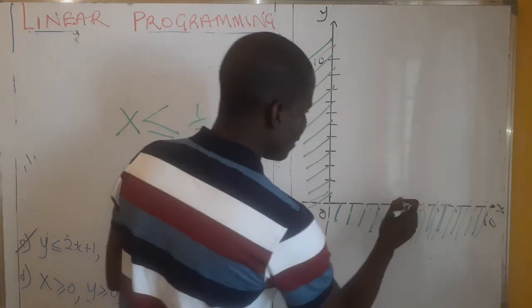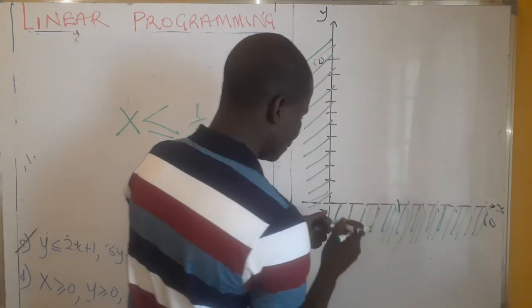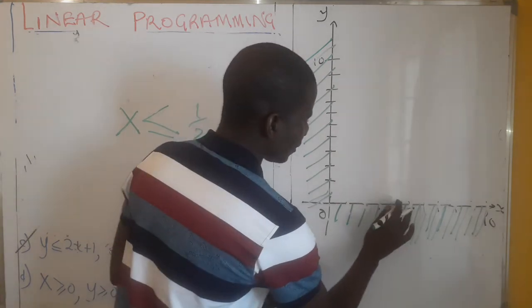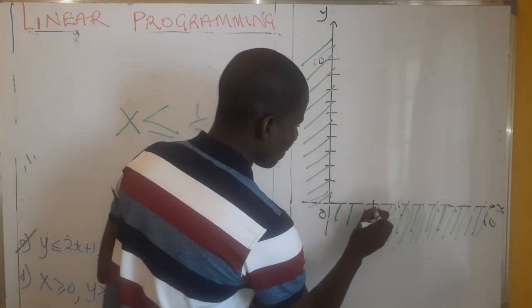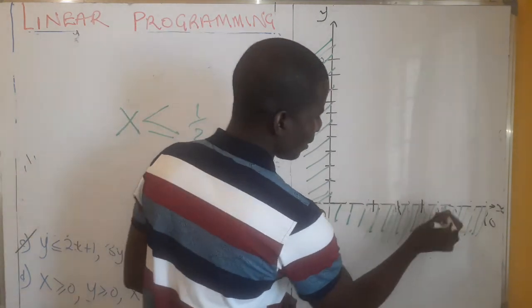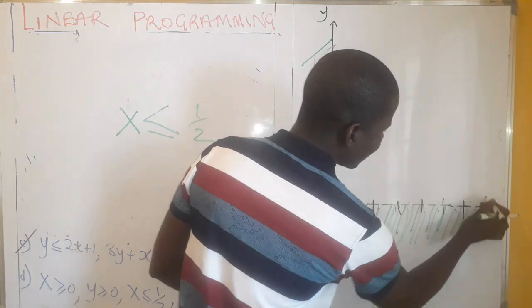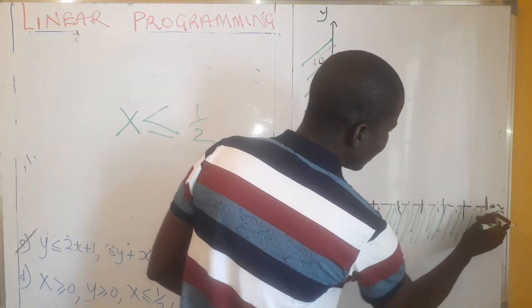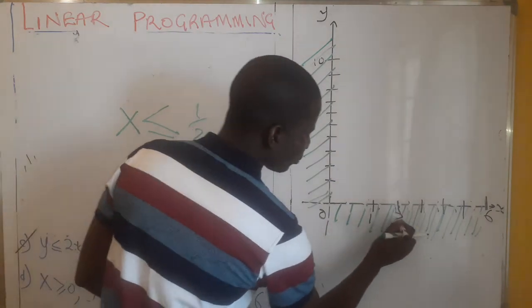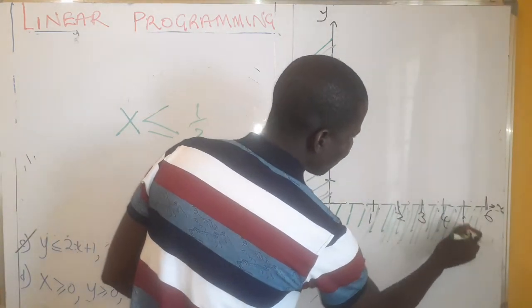My 1 should maybe be here. Are we together? My 2, 3, 4, 5, and 6. So the last one must be 6 there. So I have 1, 2, 3, 4, 5.